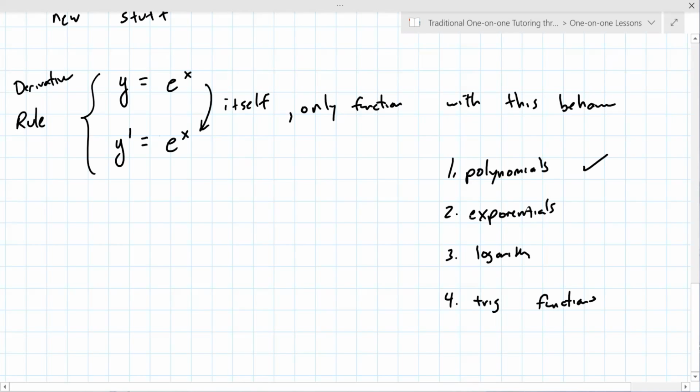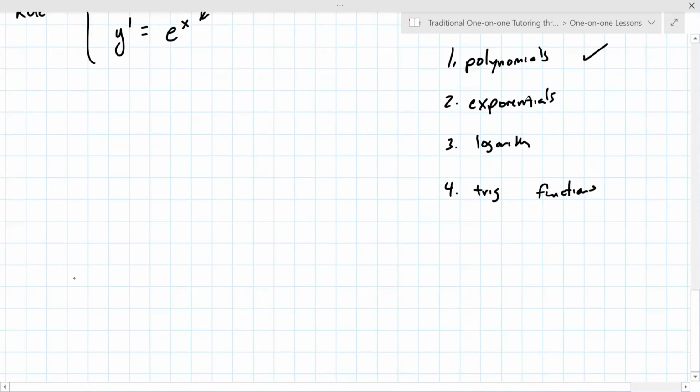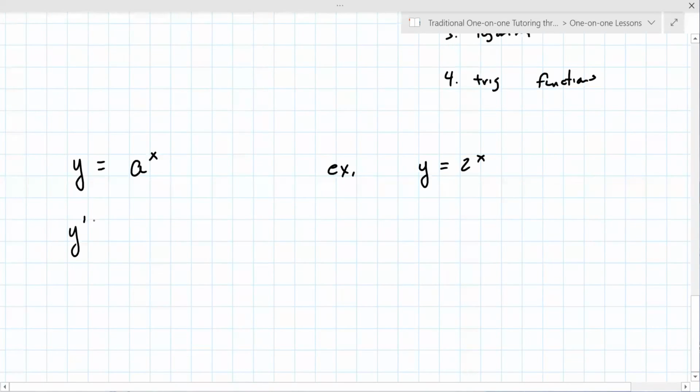Now we're going to talk about other exponentials. Let's say y equals a number to the power of x. An example would be y equals 2 to the x. The derivative is itself times the natural log of a, or the base. This is the derivative.